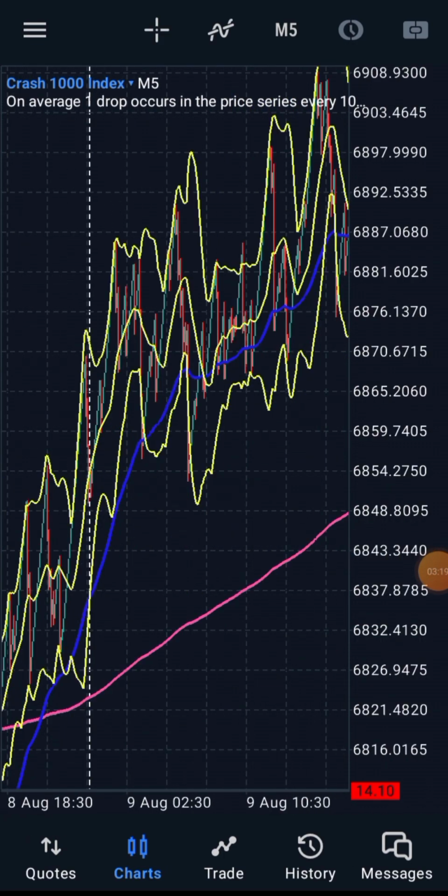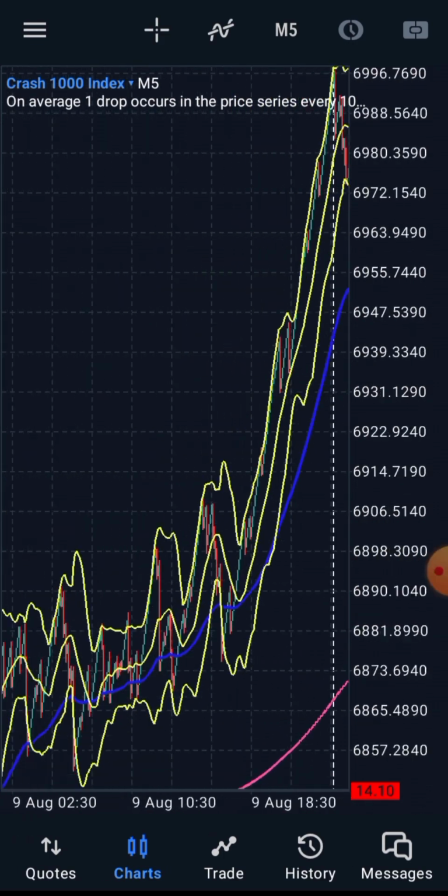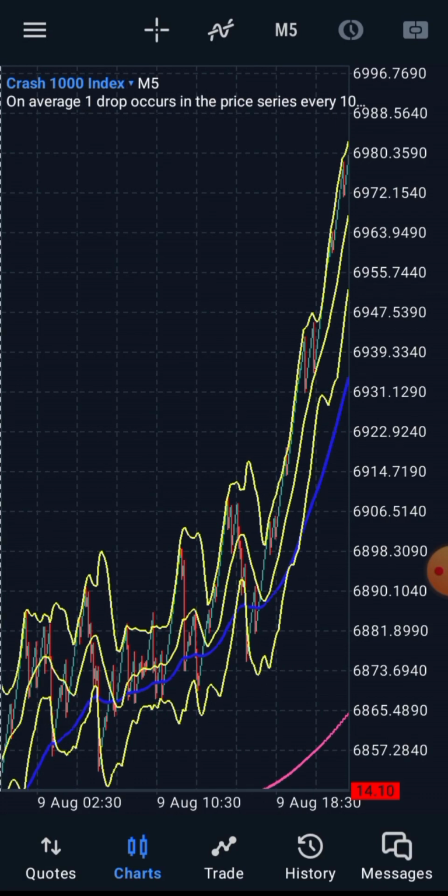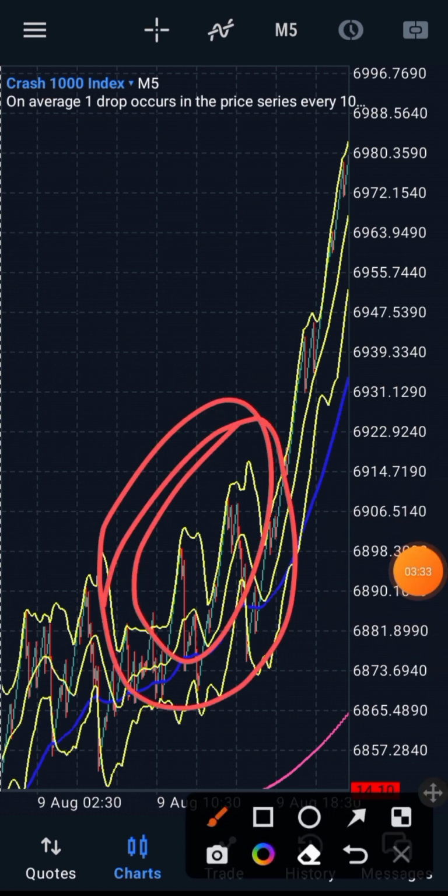It has to be like this in order for this strategy to work. If you don't see it like this, please do not buy using this strategy.